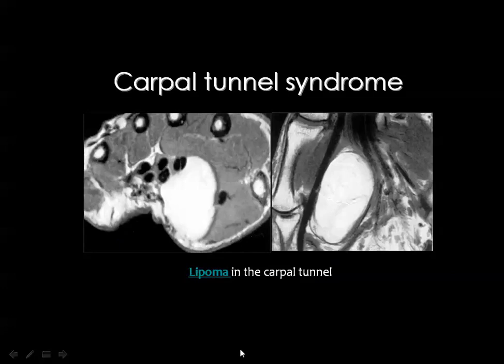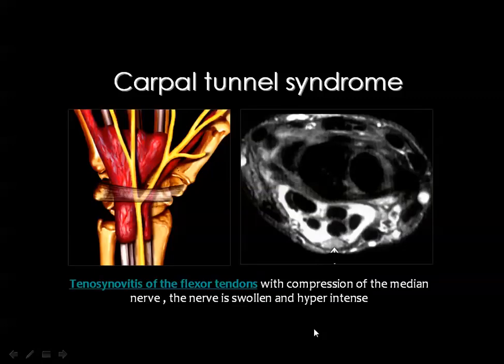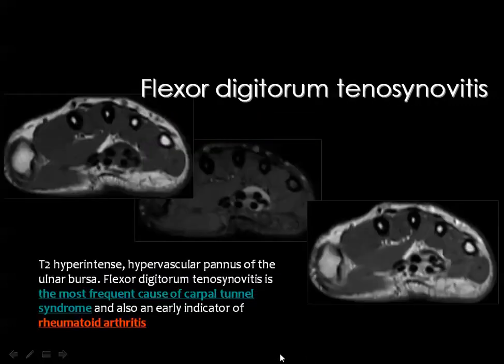Also, simple lipoma can occur inside the carpal tunnel like this one, and it increases the pressure, resulting in carpal tunnel syndrome. Tenosynovitis of the flexor digitorum profundus and superficialis will result in increased pressure inside the carpal tunnel and abnormal signal and shape of the median nerve.